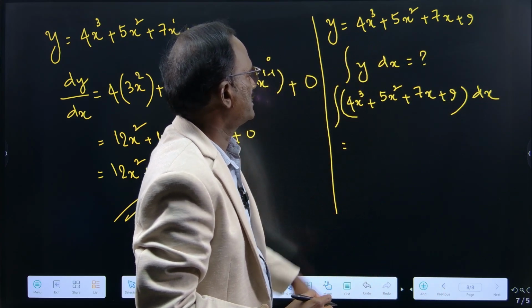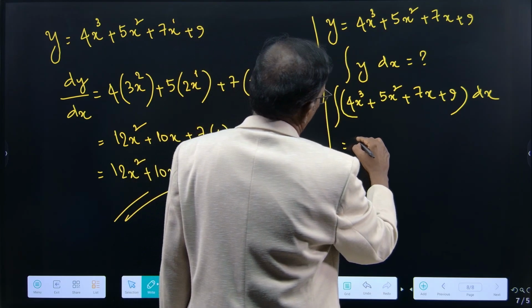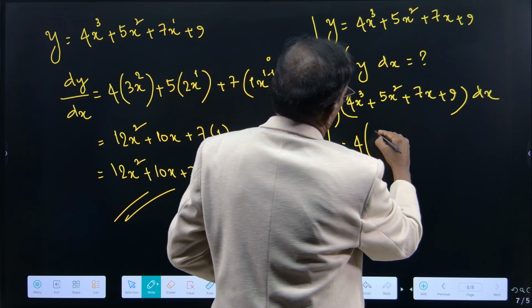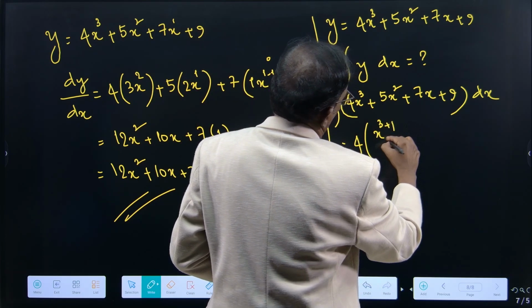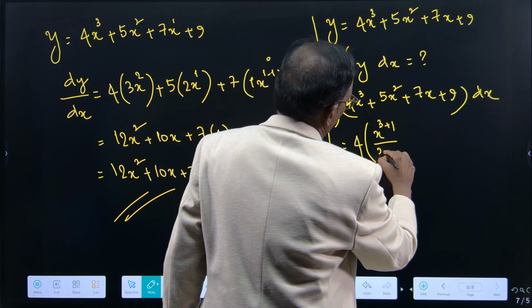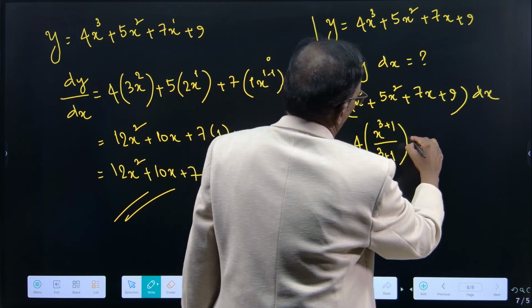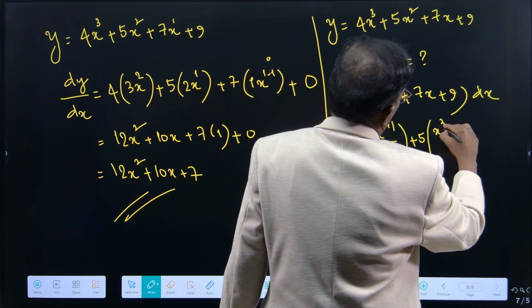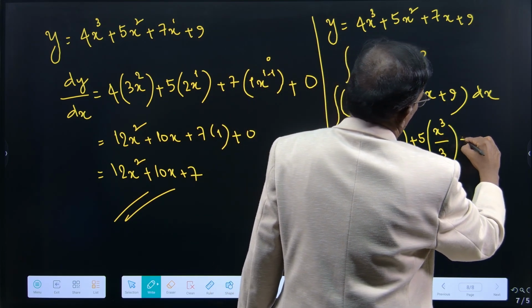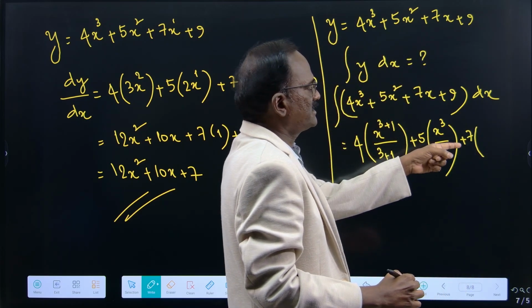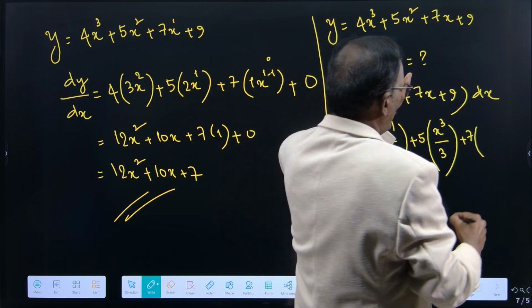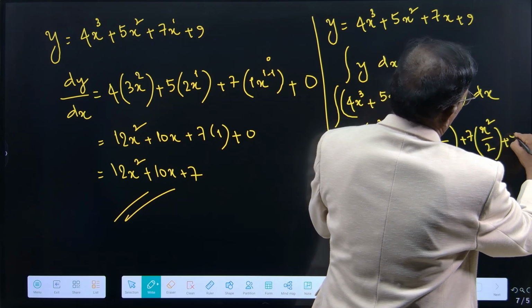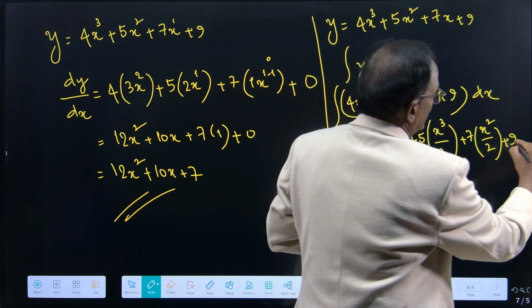Instead of y, we are replacing the given polynomial. 4 is constant, right? First increment the power, x power 3 plus 1, divided by the new power, 3 plus 1. Plus 5 is constant. Increment the power, x cube, new power is 3. 7 is constant, it is written as such. X power 1, so increment it, new power 2, plus 9 into x.